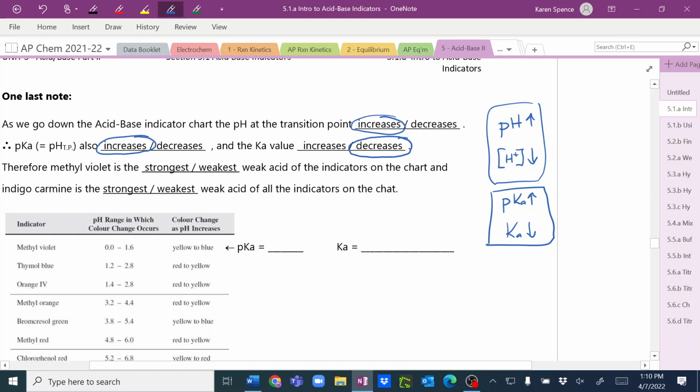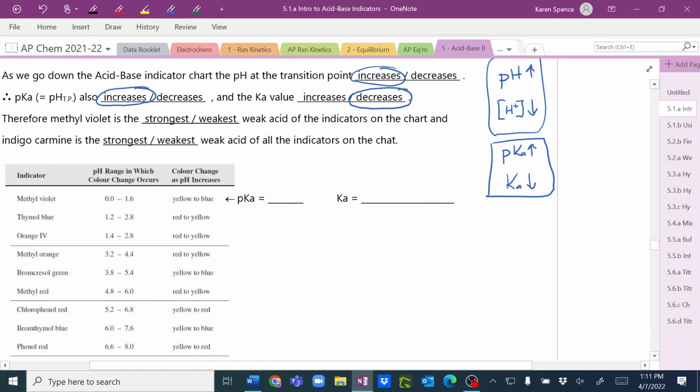So who is the strongest acid on that chart? Is it methyl violet or is it indigo carmine? Tell your partner what you think. Who is the strongest acid on that chart?